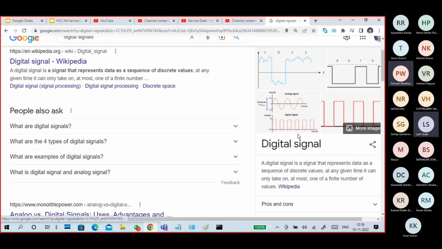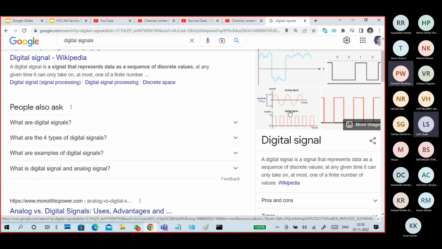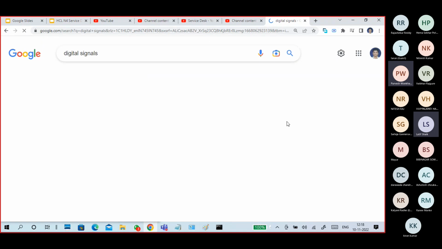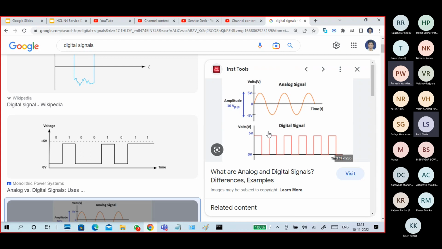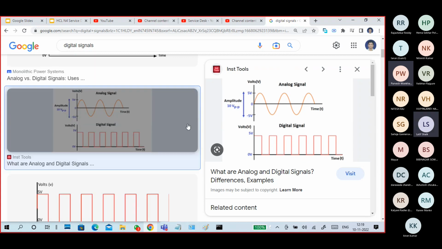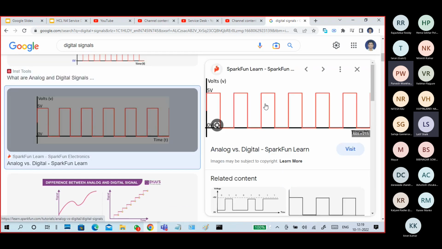It is not like analog, it is more like a pulse signal type. 010101 type of signals only we are using inside LAN communication.